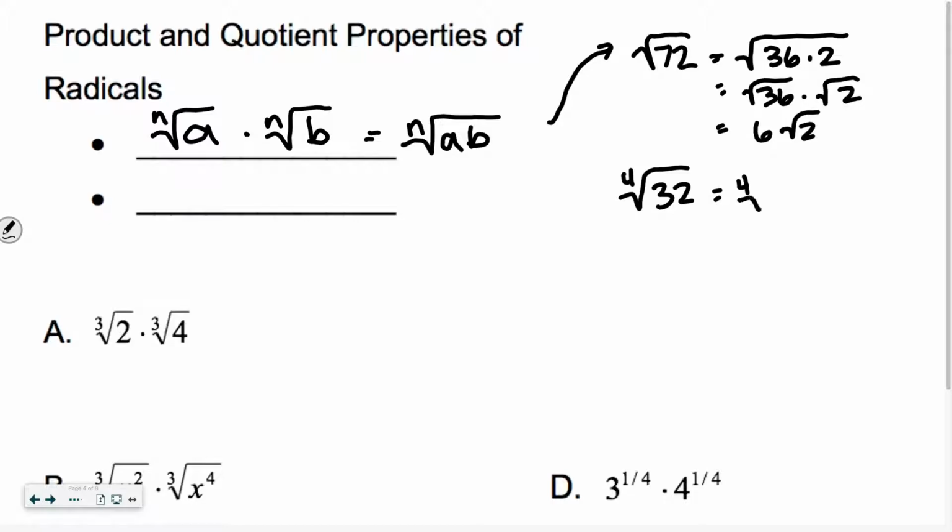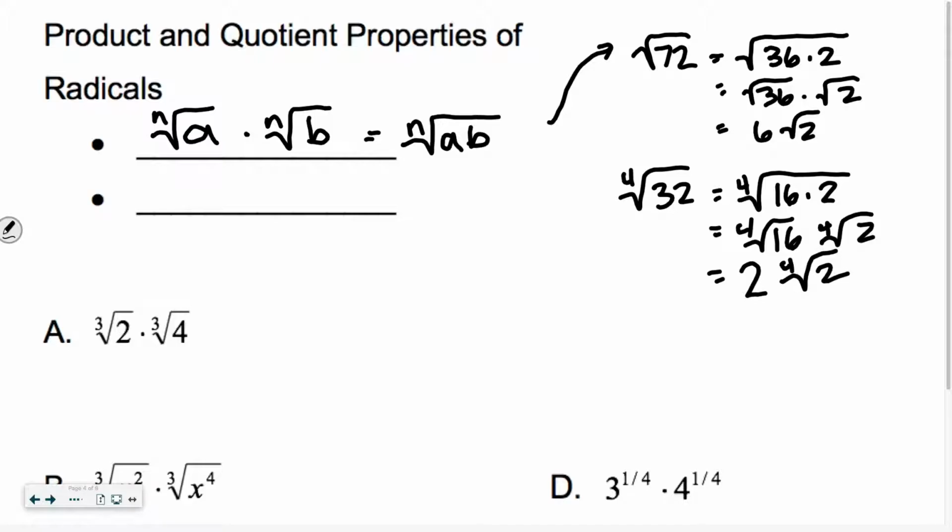So that could be the fourth root of 16 times 2, which is the fourth root of 16 times the fourth root of 2, which is 2 fourth root 2. And it just keeps working for all the other roots. So you're going to want to spend some time with that table in your notes from Friday as well. You want to get more familiar with some of the smaller roots in each of the columns.